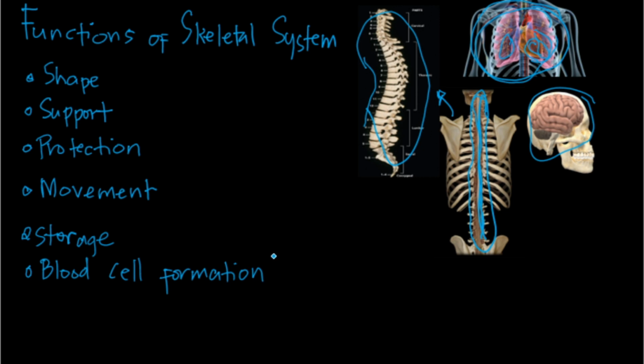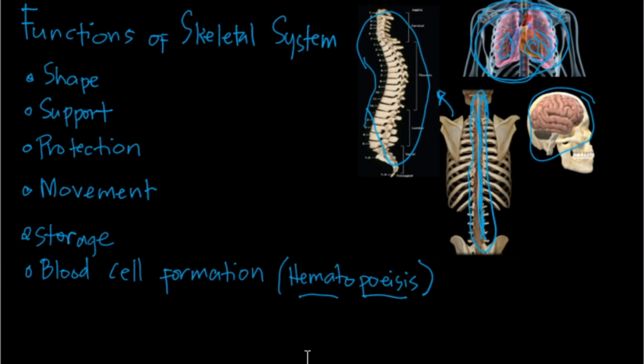Blood cell formation, take note, is also called hematopoiesis. What is this hematopoiesis? From the word hema, which means blood, and poiesis, which means formation of. So, formation of blood cells.